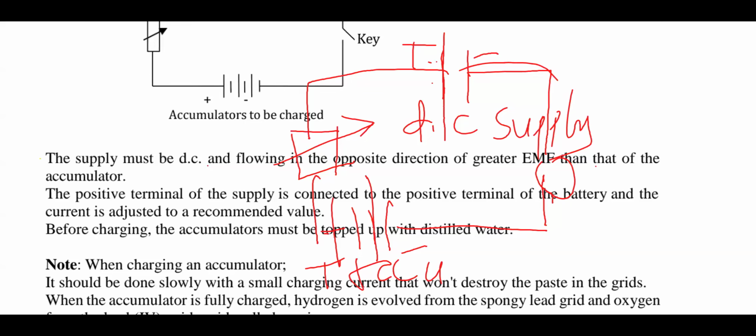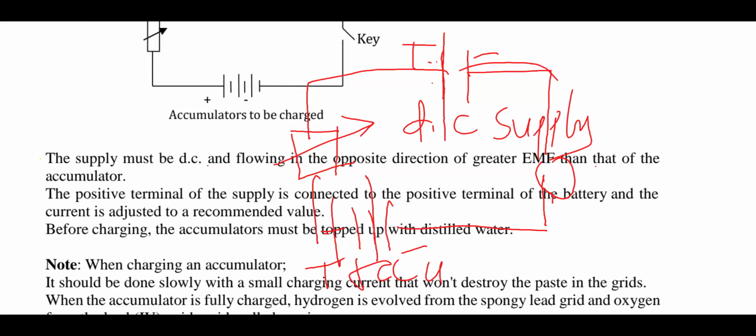And the negative terminal of the DC supply is connected to the negative terminal of the battery, and the current is adjusted to a recommended value. After connecting, you keep on adjusting the current to a recommended value. What you should know is that before charging, these accumulators must be topped up with distilled water.